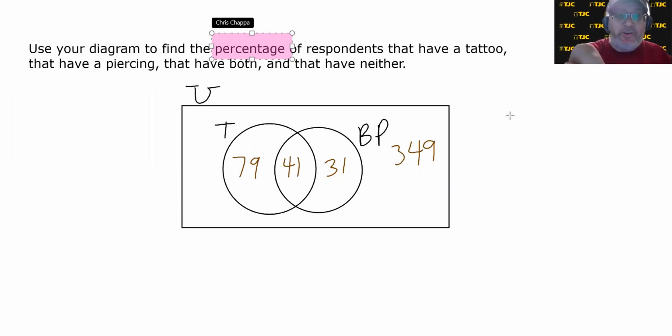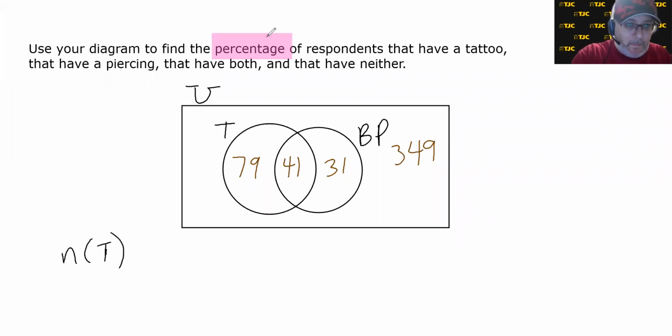All right, so let's make sure we understand what we're being asked, and let's ignore the word percentage just for a second. Cardinality of the respondents that have a tattoo. Cardinality of set T, excuse me. Cardinality of respondents that have a piercing. Cardinality of B. That have both.